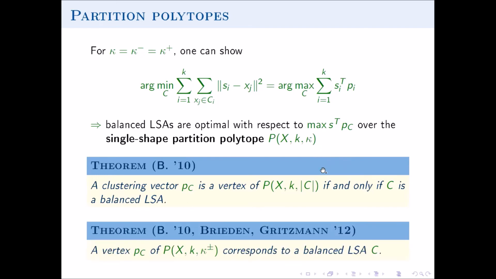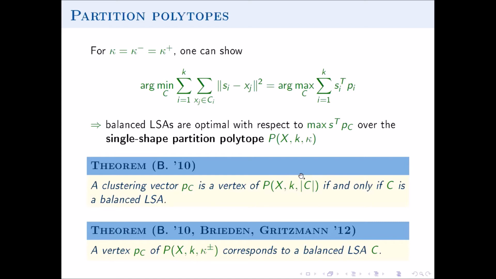And you can actually generalize this to the setting where you have different lower and upper bounds, but then it's not an if and only if relationship. So a vertex of this polyhedron, of this convex hull, is still going to be a balanced least squares assignment, but not all balanced least squares assignments are actually vertices of that polyhedron. You can see this by noting that this partition polytope is essentially a convex hull of the partition polytopes for these single shapes.